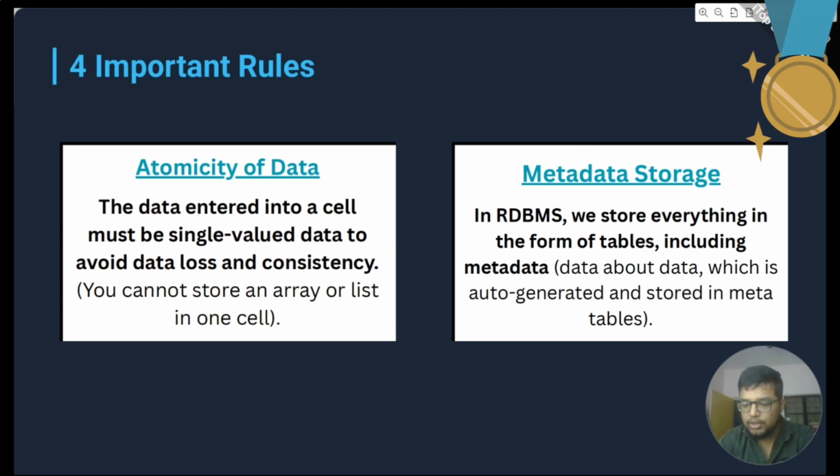We are not able to save this photo directly. Instead of that, we store the image name, location, and some properties like resolution. The file type is maybe PNG, JPG, JPEG. That is nothing but metadata, and it is auto generated. Now it is stored in a meta table.